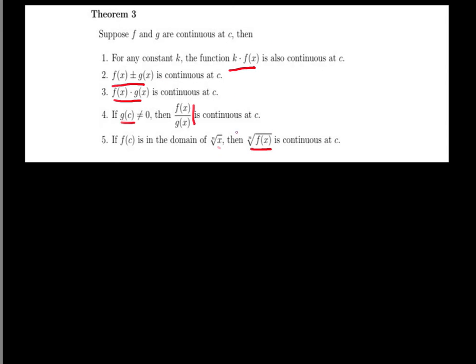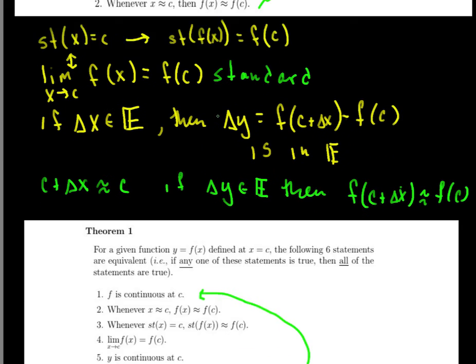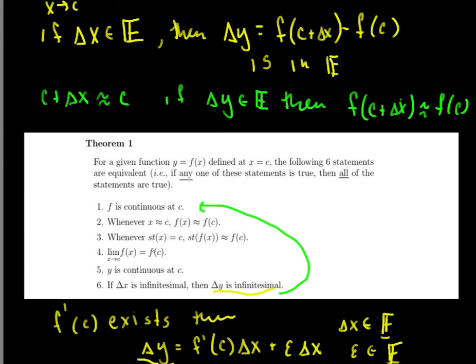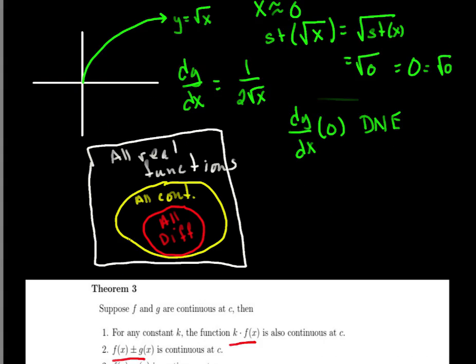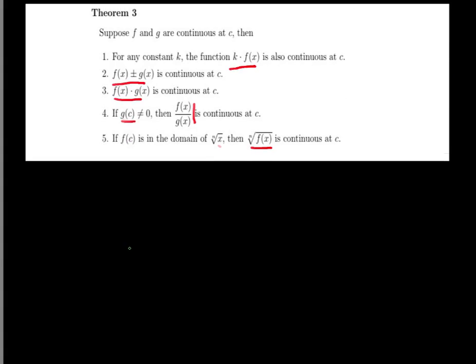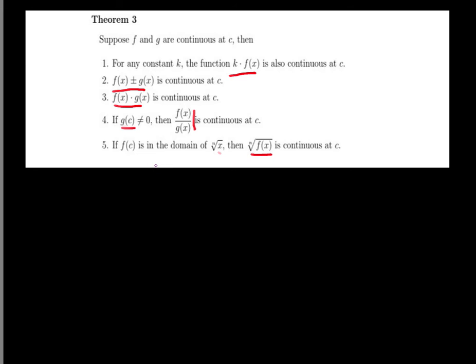I'm not going to prove these, but they all fall naturally from the fact that the standard part distributes across addition, multiplication, ratios, and roots. Similarly, as we saw last section, limits distribute across all these. Since continuity is related to the standard part and to limits, it should be clear that this theorem is true.